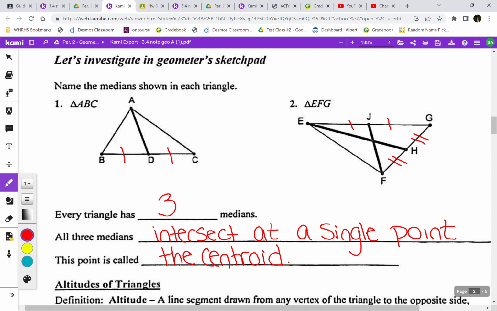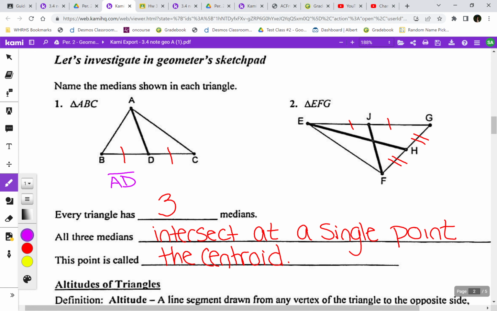Okay, so now let's go back up to 1 and 2. In number 1, can somebody identify the segment that's the median here? Vincent. You got it. The median here is segment AD. How do we know it's a median? It's starting at the vertex, it's going to the opposite side, splitting it into 2 equal parts. Number 2, there's multiple medians here.